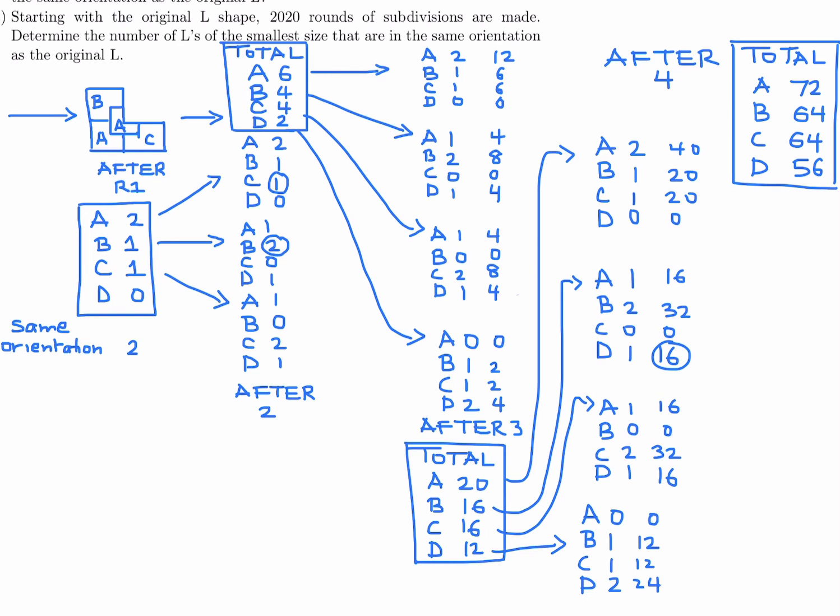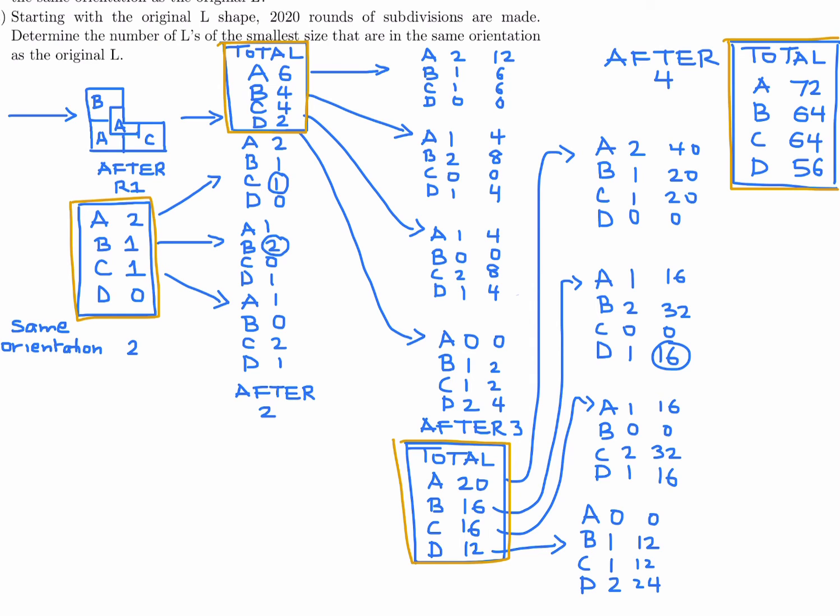Now I have to look at this and figure out a pattern, because I don't really want to keep going, right? Because that's going to be pointless, and obviously there's no way you're going to go 2,020 rounds. And really all I want to look at is the totals. So that's why I've got this after round 1, this is after round 2, this is after round 3, and I just calculated this after round 4.